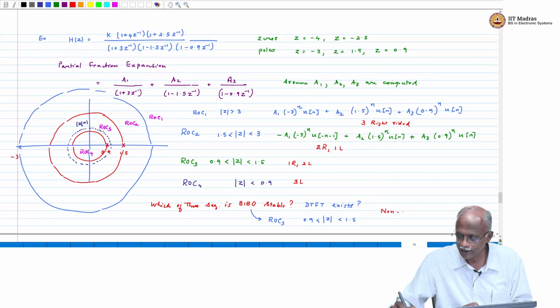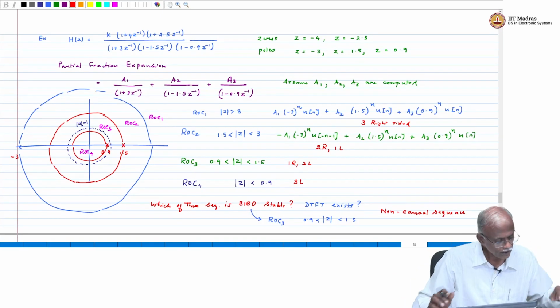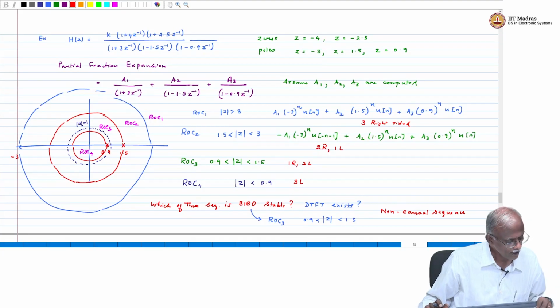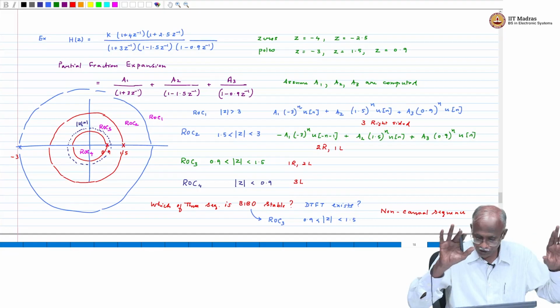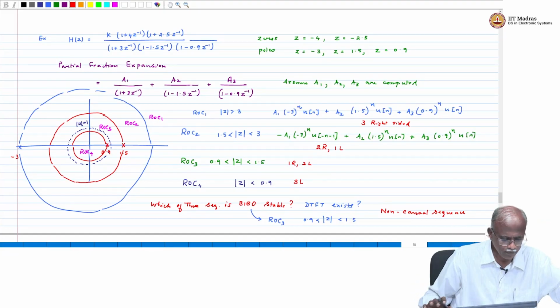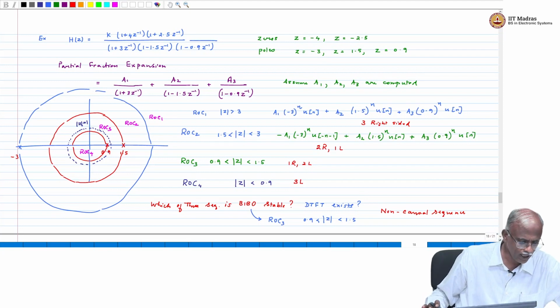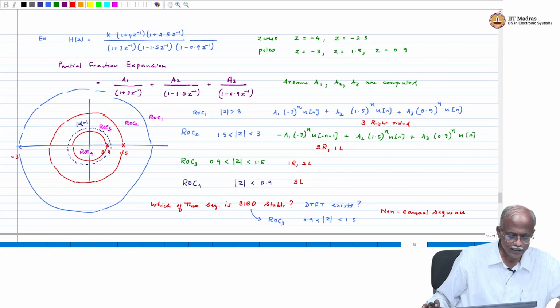So this is a non-causal sequence, but it is absolutely summable, and therefore the discrete time Fourier transform will exist. For the other three, because the unit circle is not included in the ROC, we can state confidently that those are cases where the DTFT will not exist.